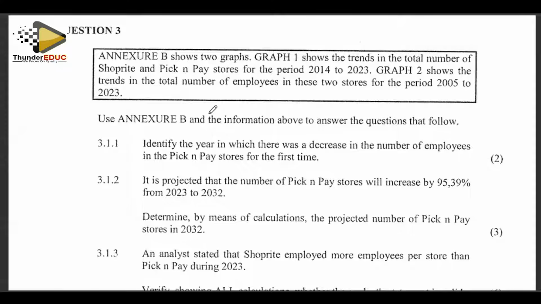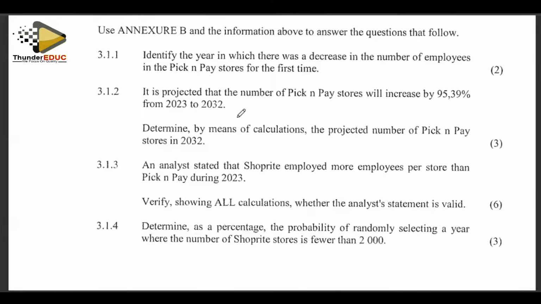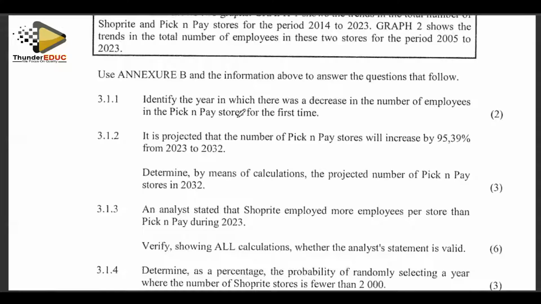Graph 1 showing the trends in total number of ShopRite and Pick and Pay stores for the period 2014 to 2023. And graph 2 shows the trend in the total number of employees in these two stores for the period of 2015 to 2023.